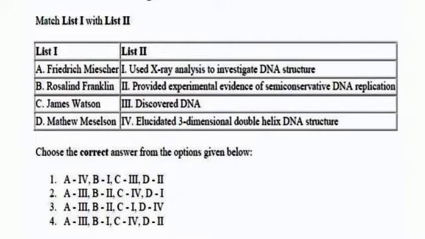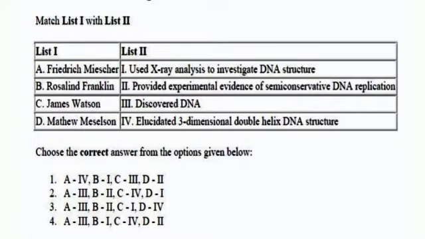The next is also a match the following. List 1 consists of Friedrich Miescher, Rosalind Franklin, James Watson and Matthew Meselson. List 2: used X-ray analysis to investigate DNA structure, provided experimental evidence of semi-conservative DNA replication, discovered DNA, elucidated three-dimensional double helix DNA structure.